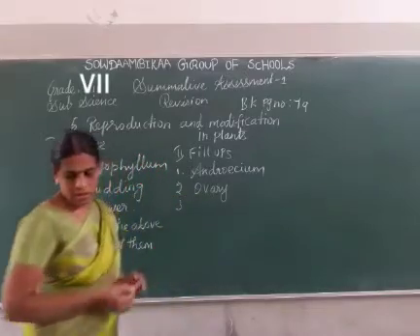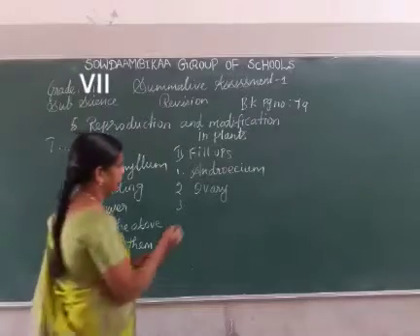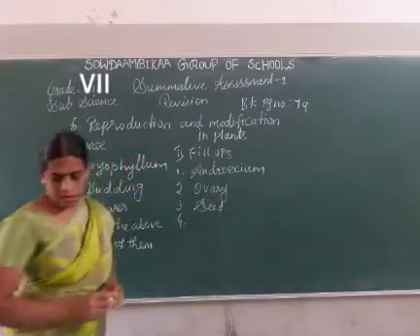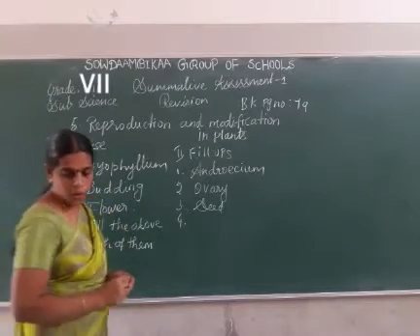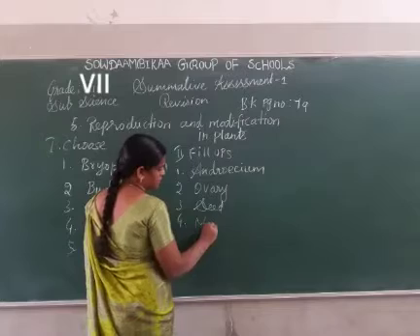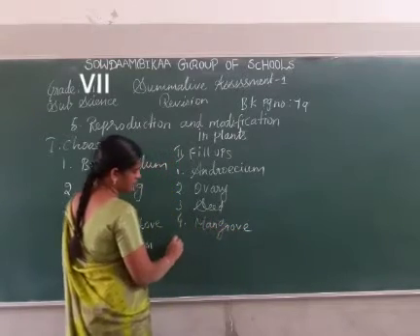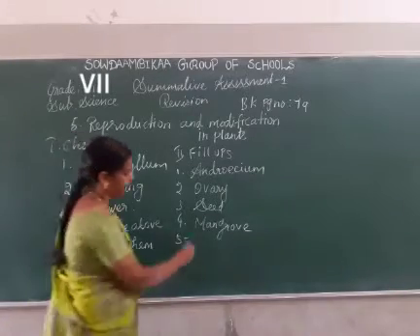The third one: after fertilization, the ovules become seeds. The fourth one: breathing roots are seen in mangrove plants. Onion and garlic are examples of bulbs.